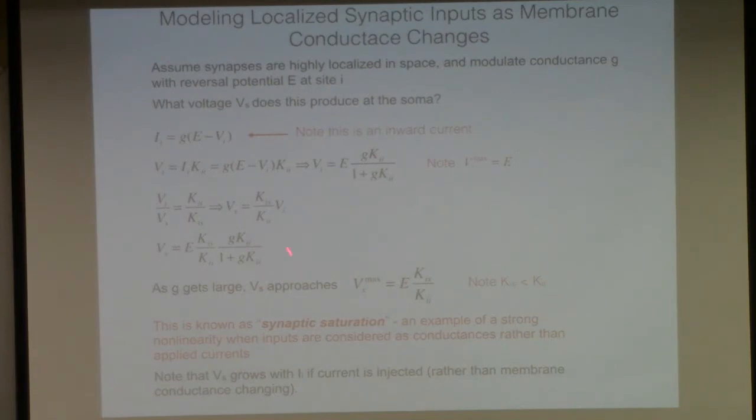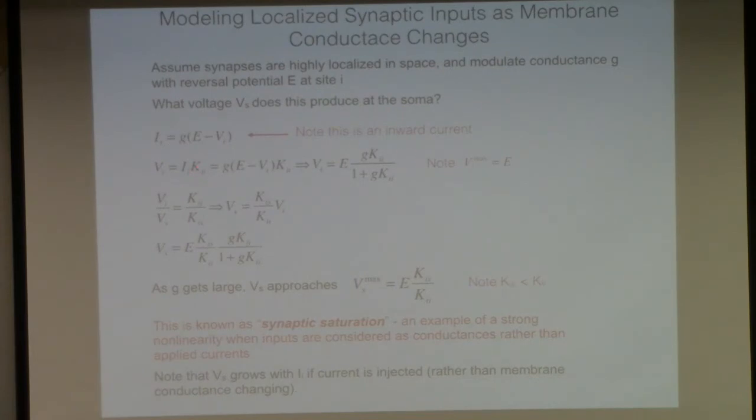And those ions have reversal potential E. And V sub i at location i is the voltage at location i. And so the effective current applied by turning on the synaptic conductance is this expression here, just Ohm's law. Okay? So the voltage at that location is equal to the applied current times the input resistance.